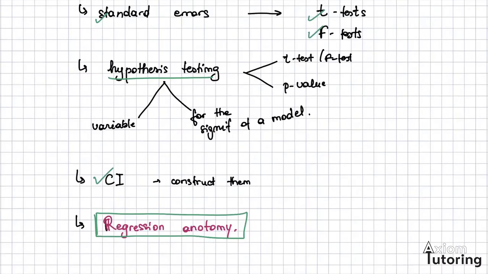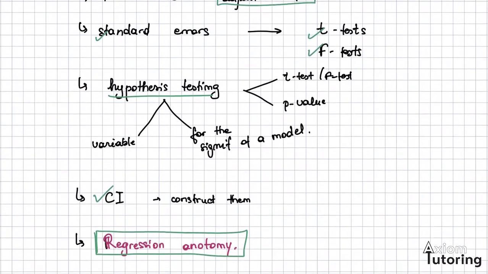So regression anatomy is going to give us a little bit of an insight of what to expect when things go wrong and how maybe we could detect what went wrong, to finally the actual issues, which ultimately come whenever we violate one of the assumptions of the OLS.